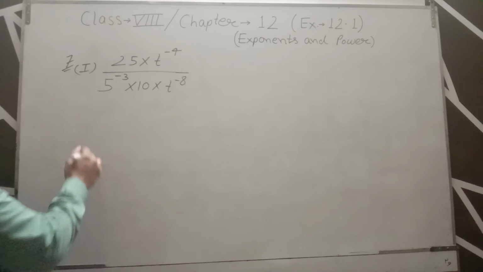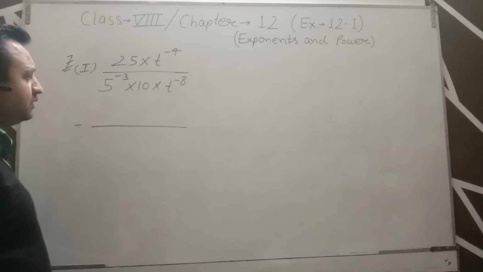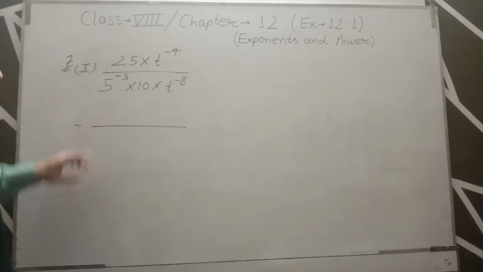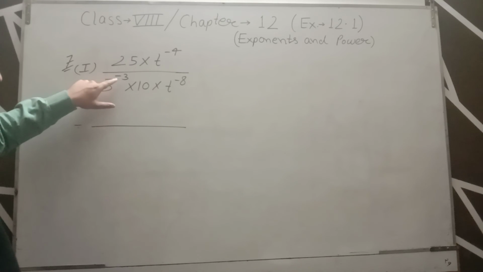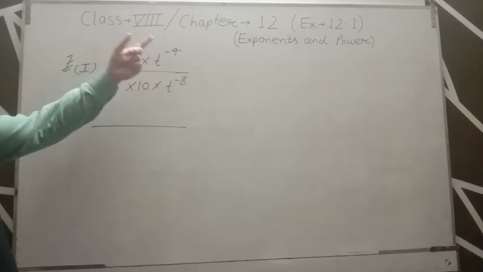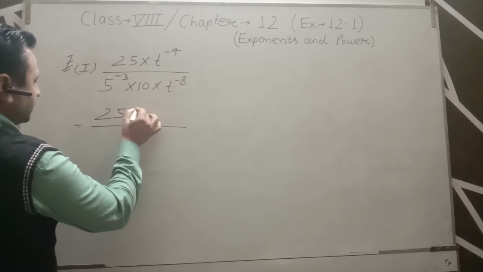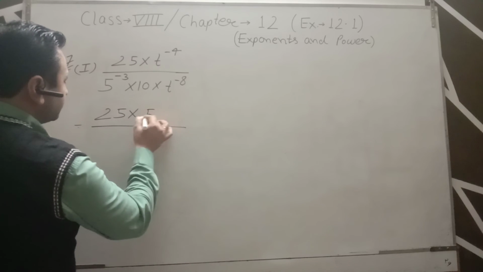So to simplify it, first we convert power from negative to positive using law of exponent, because it is 5 raised to the power -3 and we just note down it from denominator to numerator and power convert into positive. So 25 multiply 5 raised to the power 3.